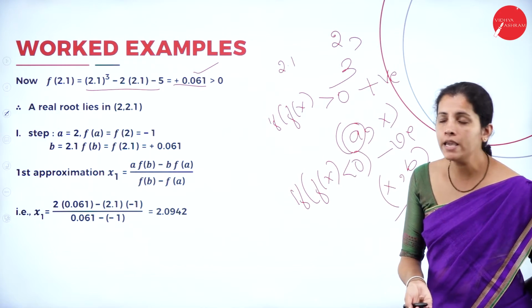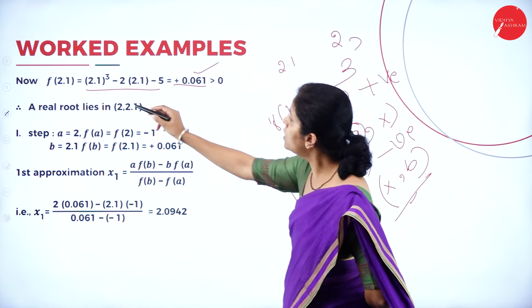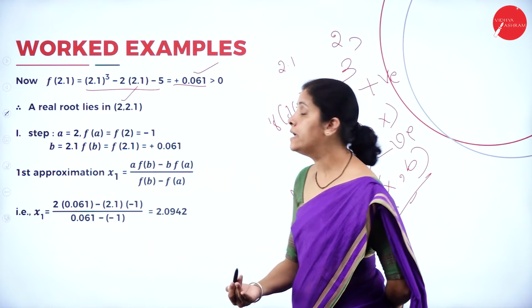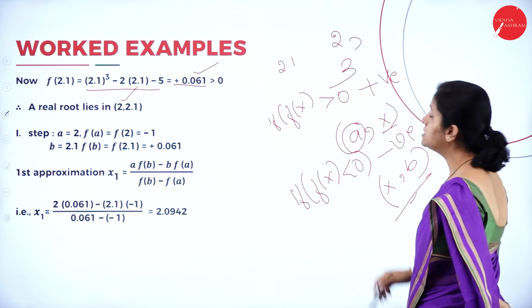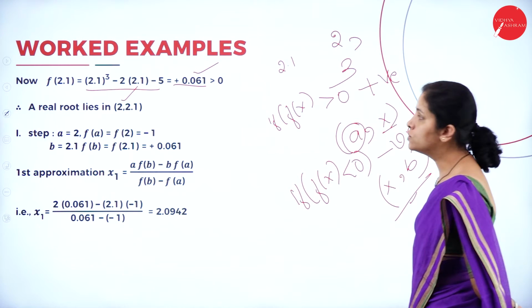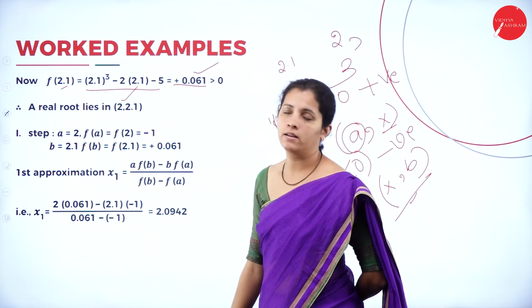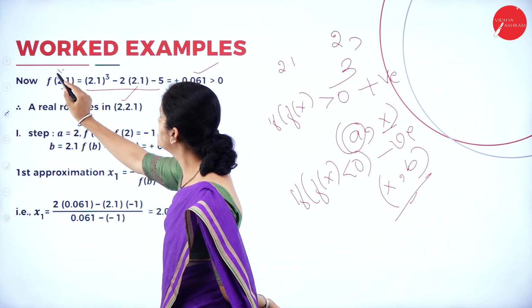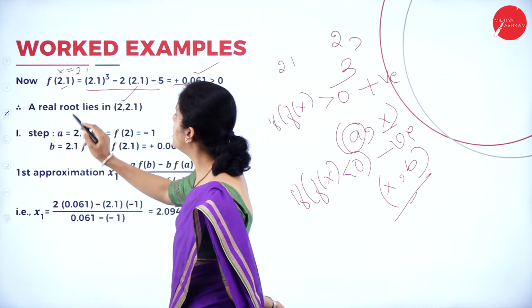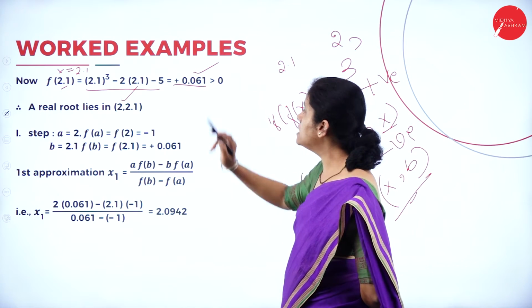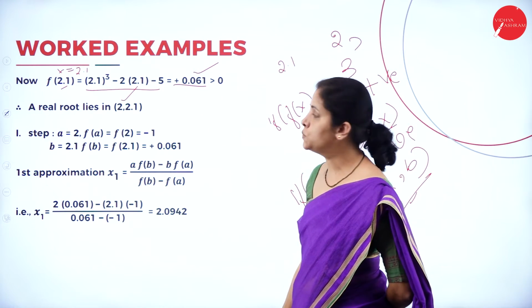What is A here? A is 2. But B I'm going to replace by X. What is X here? It is 2.1. So when X equals 2.1, I got f of 2.1 is 0.061.